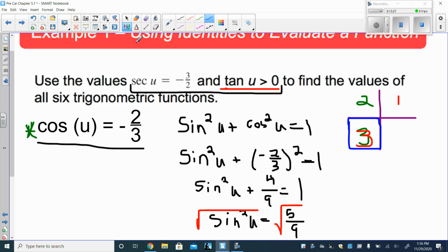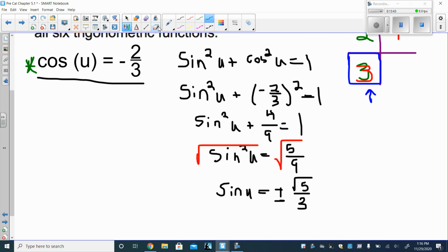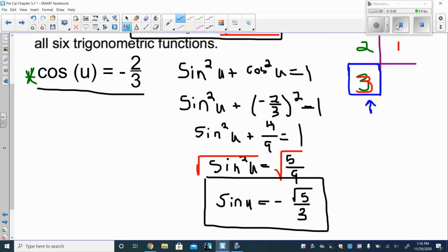So since this here, because cosine and secant are negative, well, they're in the third quadrant or second quadrant. Tangent is only positive in the first and third. So since they both line up in the third quadrant, that means every angle is going to be in the third quadrant. So for us here, well, in the third quadrant, sine is negative. So sine is going to be negative square root of 5 over 3. Okay.